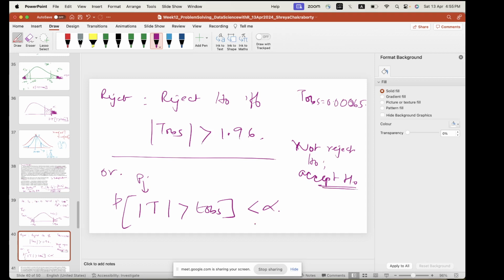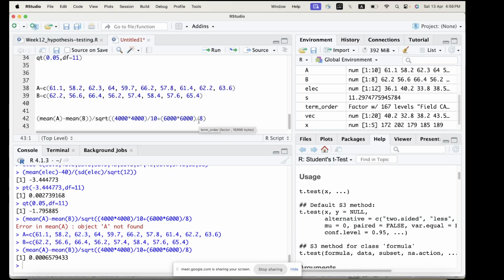And what is the p value? P value is probability T greater than T observed plus probability T less than minus T observed. So how will we get this p value? We will get it from here.